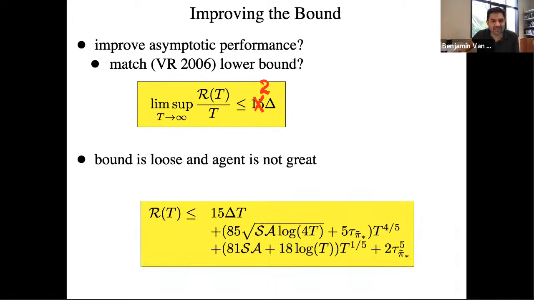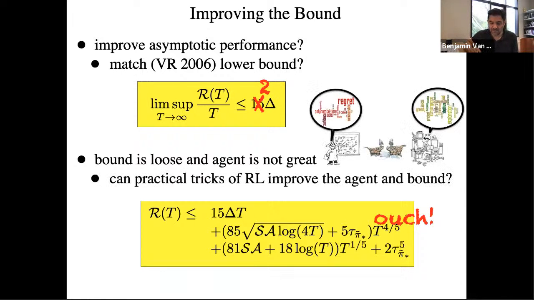Further, the transient part of the bound is very loose, extremely loose. Also, the agent is not great. There are so many ways one could improve this agent and possibly improve the bound alongside that. In particular, t to the 4/5 looks really bad, and I think even for this current agent we can probably improve that. But there are probably lots of tricks one can bring to bear to improve that further.